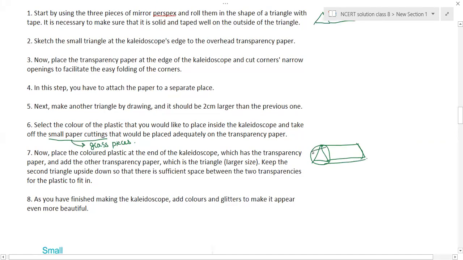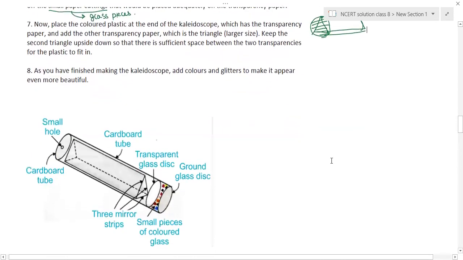You will put a transparent paper, put pieces of broken bangles or such pieces on it, as well as paper, and then close it up with another glass on both sides. Like this. See, you'll make a small hole to look into it.